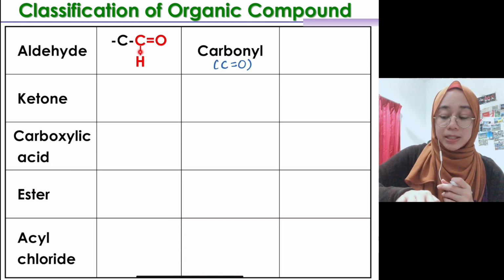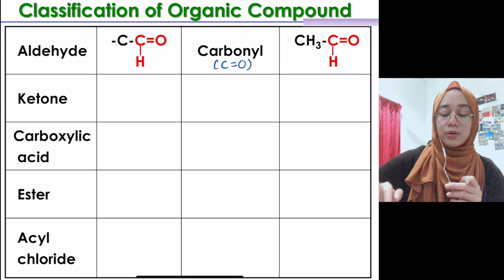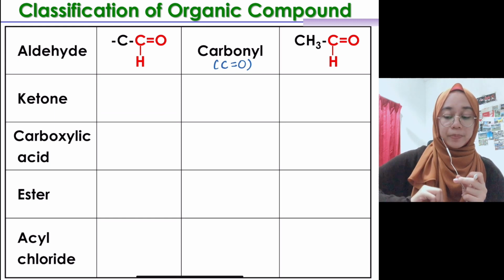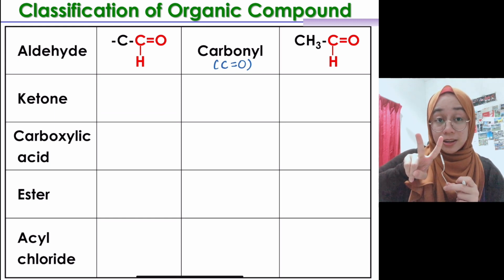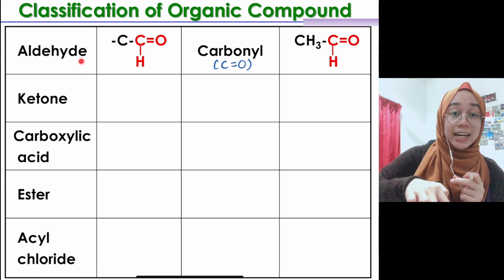Nanti kita tengok kenapa Miss cakap macam tu. Okay, so example kat sini adalah CH3C double bond OH. Okay, sebab carbonyl ni dia ada dua sebenarnya, dia punya class of compound. Satu adalah aldehyde, satu lagi adalah keton. So keton dengan aldehyde ni adik-beradik lah sebenarnya.